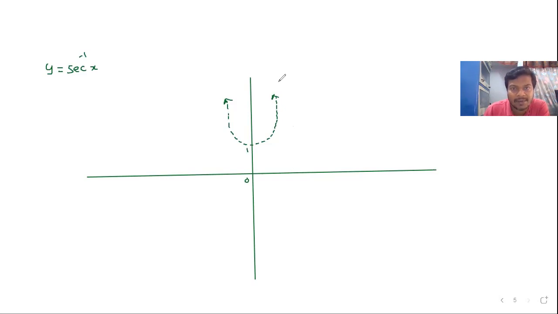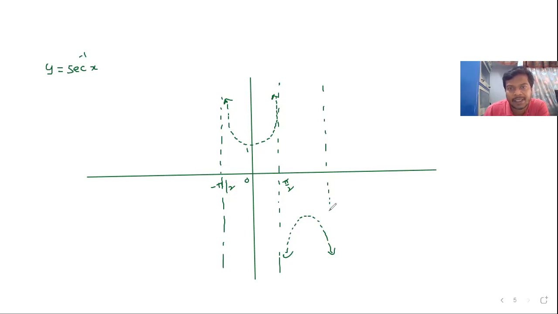And here there is a gap at x equal to pi by 2. And here this is minus pi by 2. And next we get a graph here, okay? And there is a gap at 3 pi by 2.